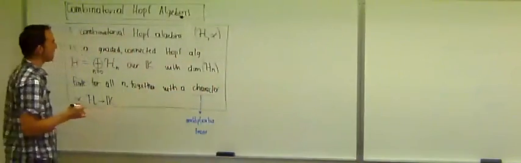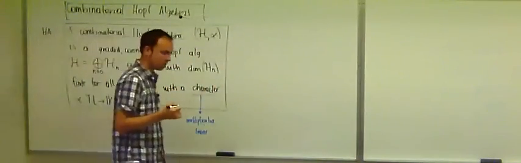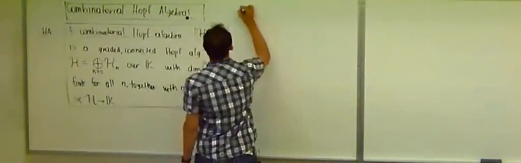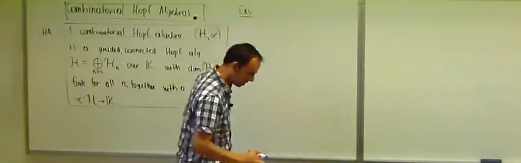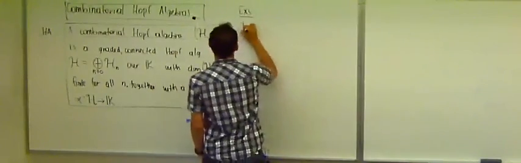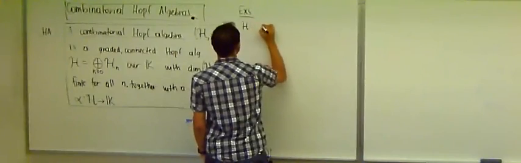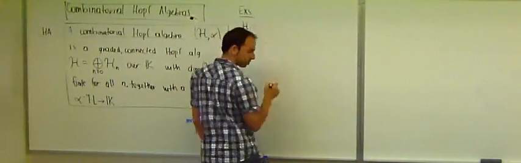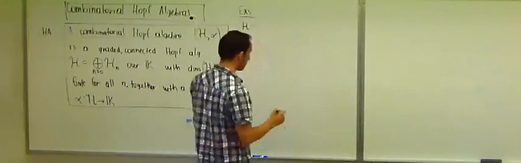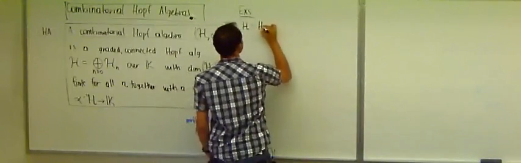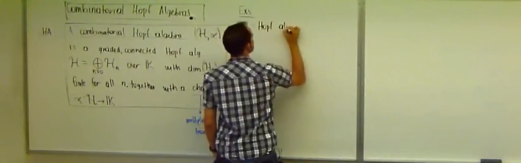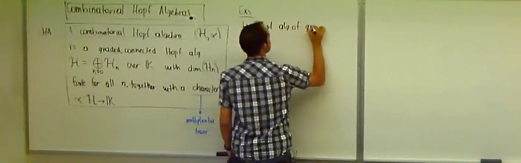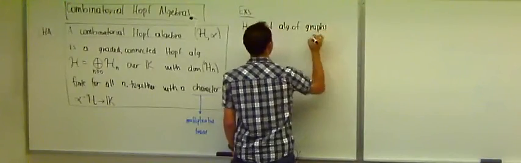We've seen many, many examples of this. Let me talk about a few of them that are going to be useful for us. We could have H be the Hopf algebra of graphs, graded by number of vertices.